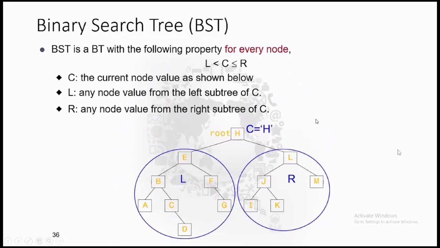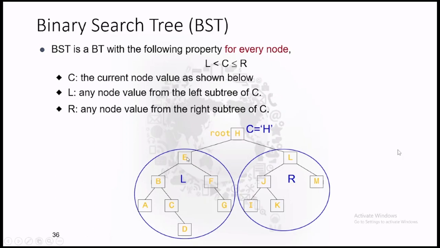It's the left side, right? Because A, B, C, D, E, F, G, then only reach H. So A is actually before the H. So if you arrange your tree properly, it means that you know that your A is actually in the left side. So you're not going to the right side because you definitely know that A is not going to be at the right hand side. It's going to be at the left hand side.